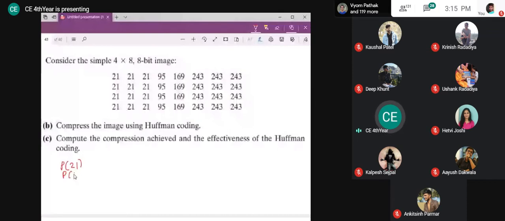You can arrange them according to your record. If they are equal, then you can have 169 upper and then 95 lower. That is your choice, right? Because they are equally probable, it will not make a difference whether one gets lower or higher.